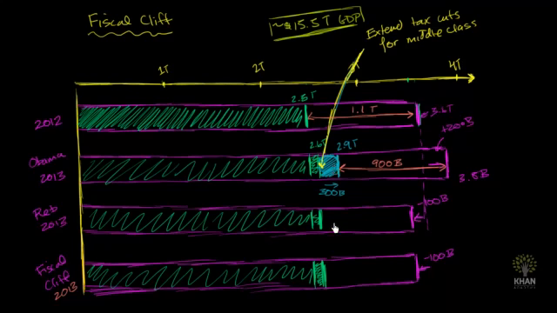Now let's think about the Republican situation. Well, you have 2.6 trillion in revenue, and you have 3.5 trillion. Let me write this down. You have 3.5 trillion in expenditure, and once again, you have on the order of a 900 billion gap. So in terms of deficit reduction, these things look pretty similar.